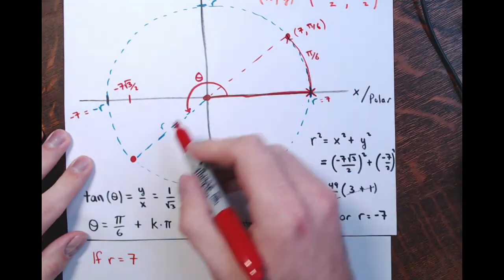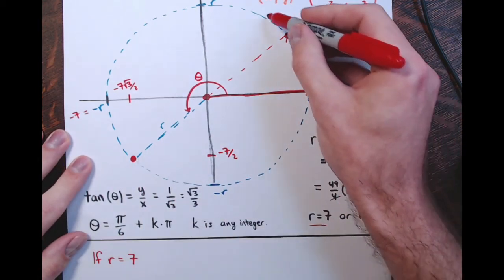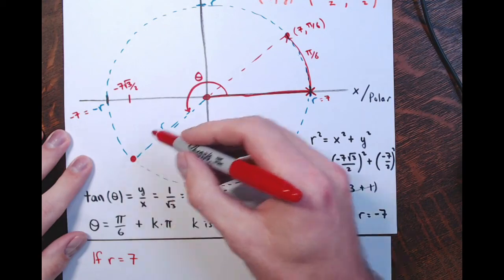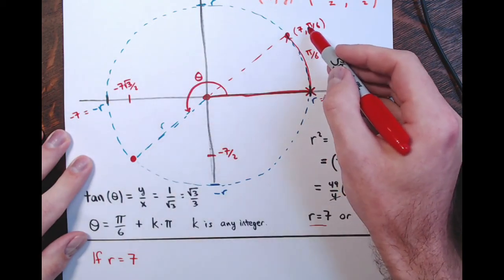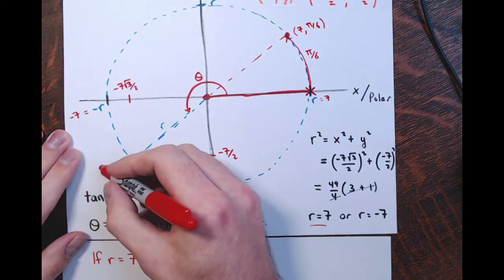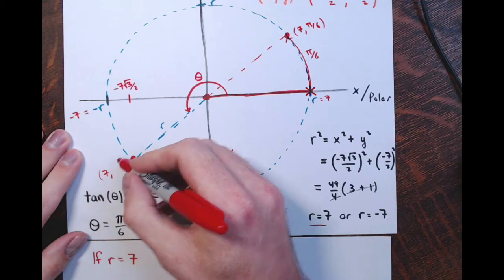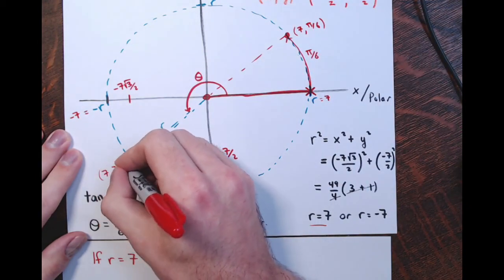That is not this point. But all I would need to do is add pi. It takes me to the other side of the circle. So if this is 7 pi over 6, I just need to go another pi, and then pi over 6 plus pi would be 7 pi over 6.